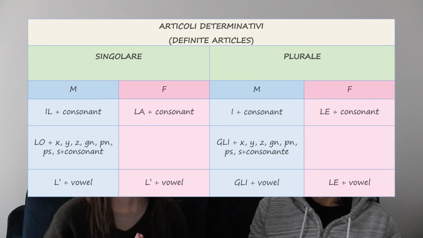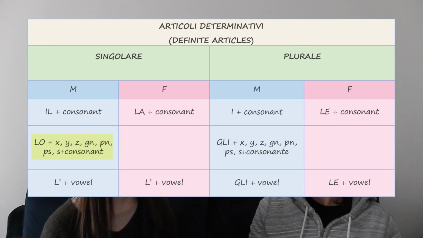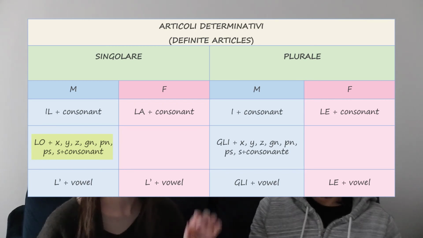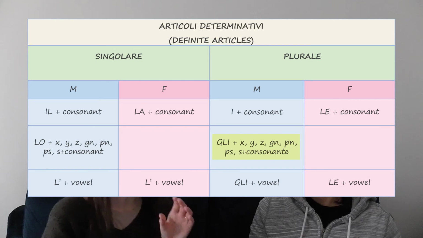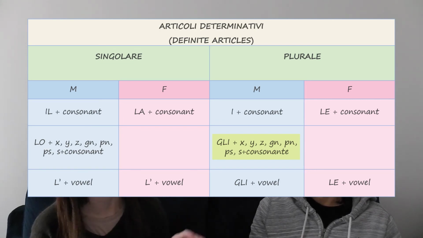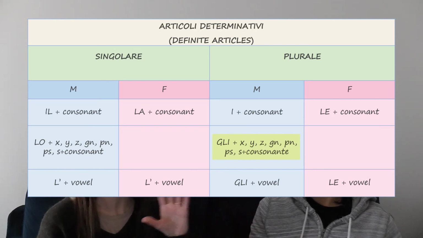Now, masculine nouns that start instead with x, y, z and with ps, pn, gn and s plus a consonant use lo in the singular and gli in the plural.